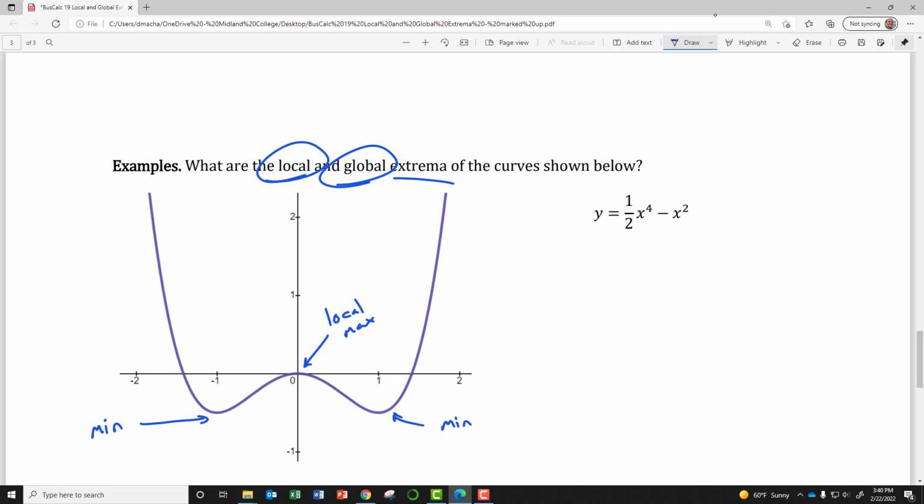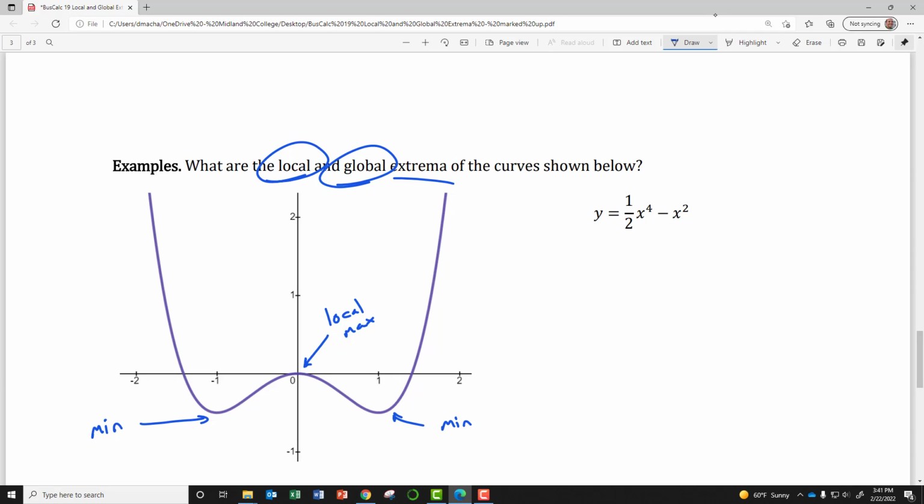This is a case where this is only a local maximum because I have values over here that are greater than that local maximum, but there's really no absolute maximum, and there's no global maximum, in other words, because this function keeps increasing on the right and it keeps increasing on the left. So, in other words, no absolute maximum, but we do have a local maximum.